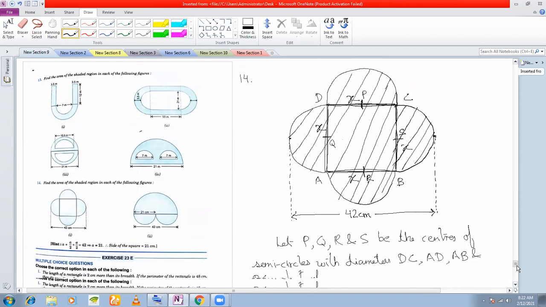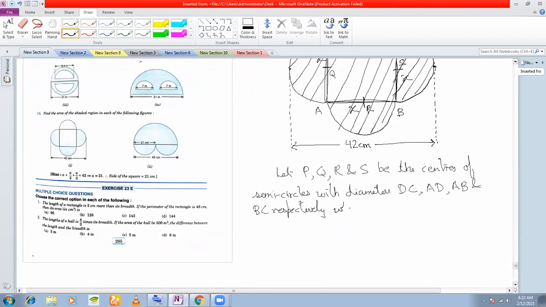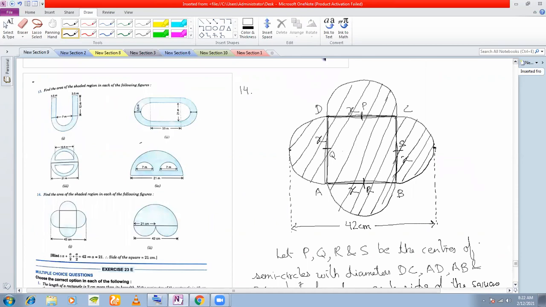So I say where each side of the square ABCD is X. Now there's something very interesting that you must realize here: if each side of this square is X, now see, this is from Q. If I join this, what will this be?